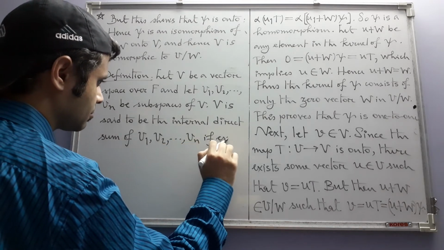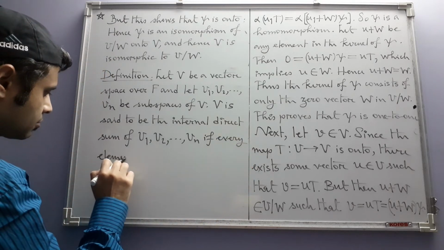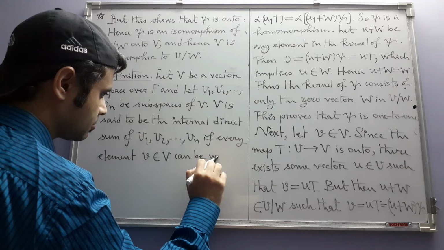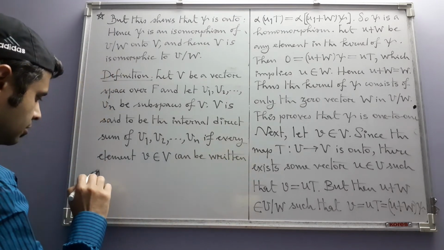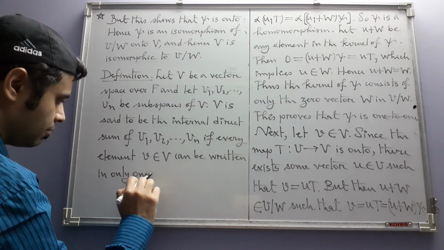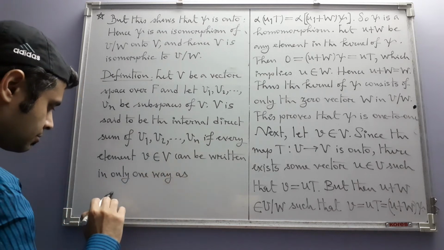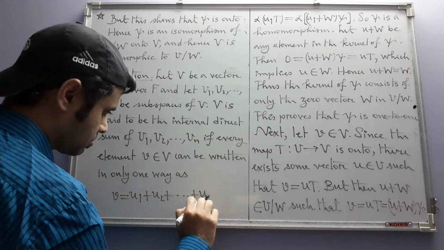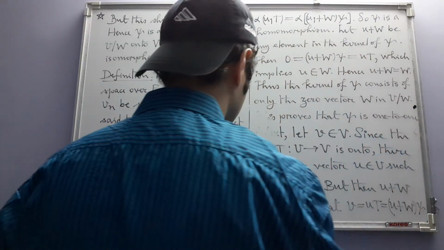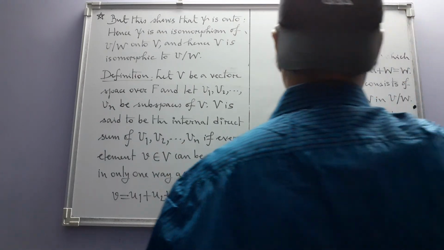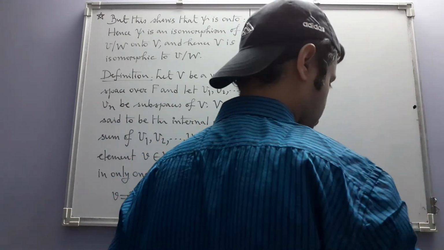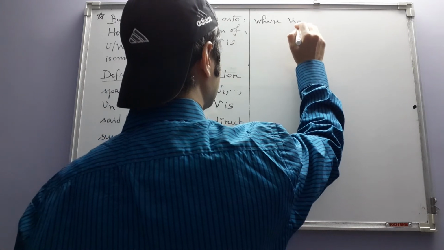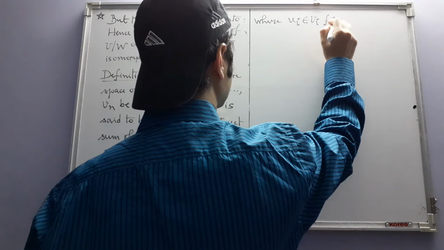if every element V belonging to V can be written in only one way as this, where ui belongs to Ui.